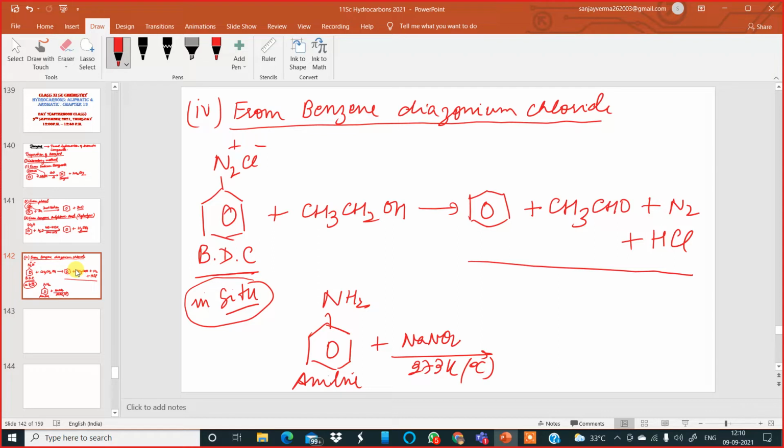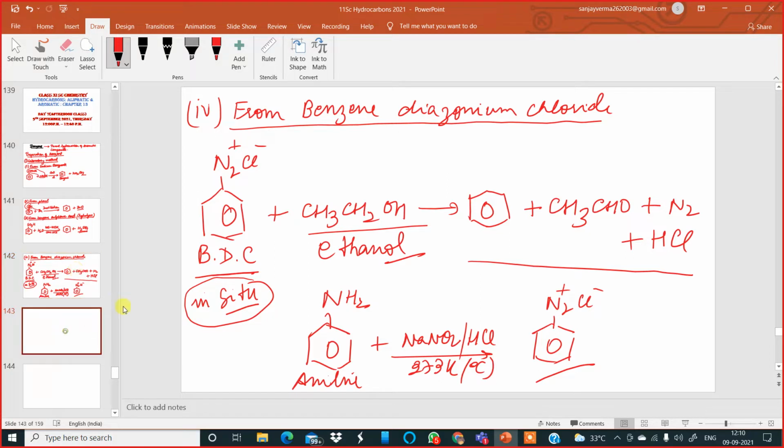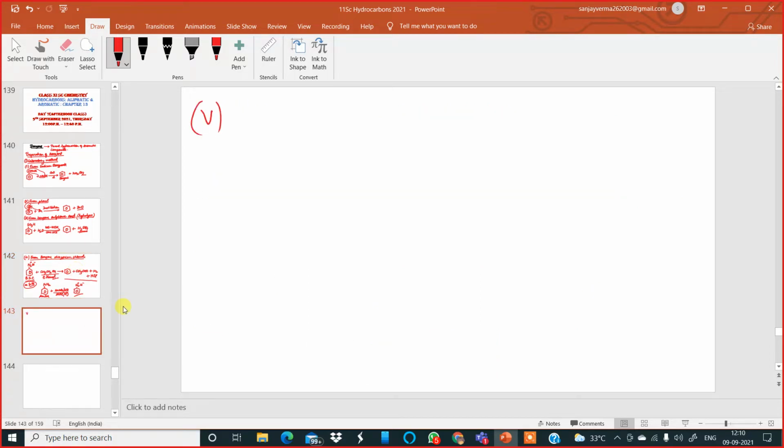That's how we get benzene diazonium chloride, N2+ Cl-. This is the required chemical substance which is necessary for preparation of benzene by reaction with an alcohol. The alcohol used is ethanol. After that, the next method of preparation of benzene is number 5, that is from ethyne.